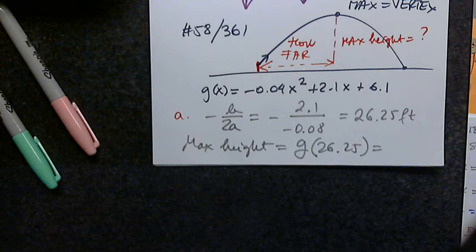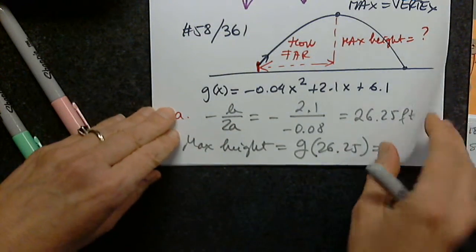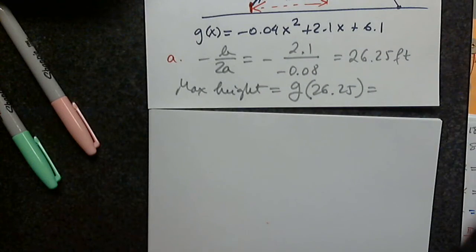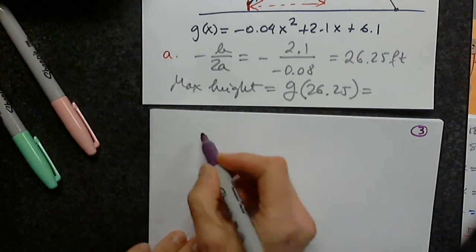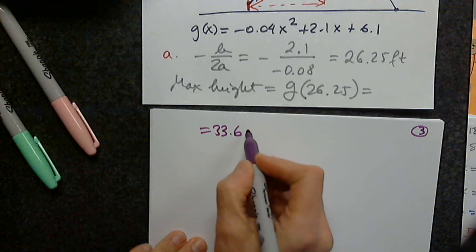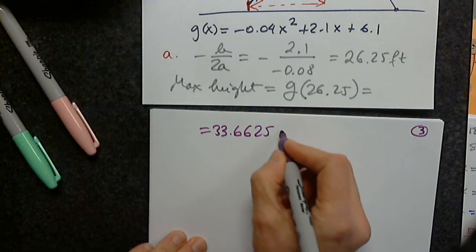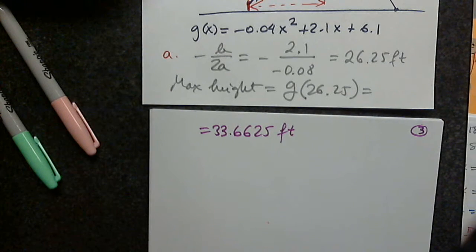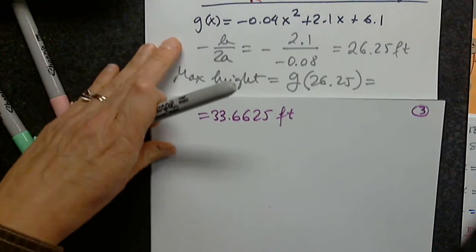Good. So how much is it? Do we have a number? 33.6625 feet. Anyone confirms the 33.66? Okay, I got confirmation. That's perfect. Part B.